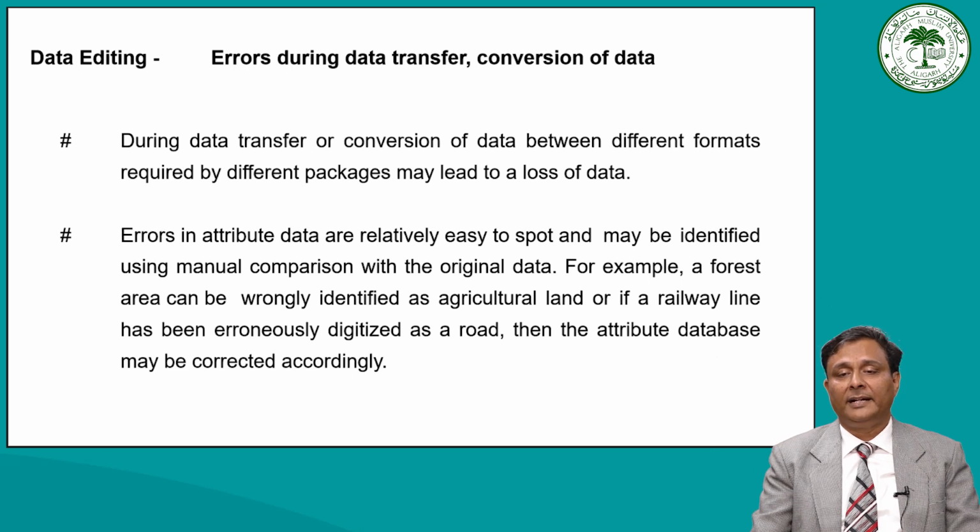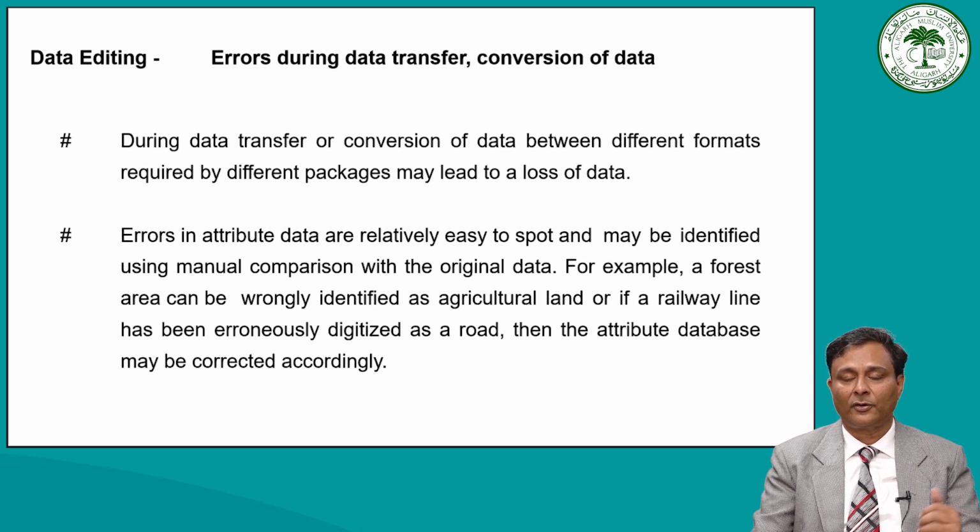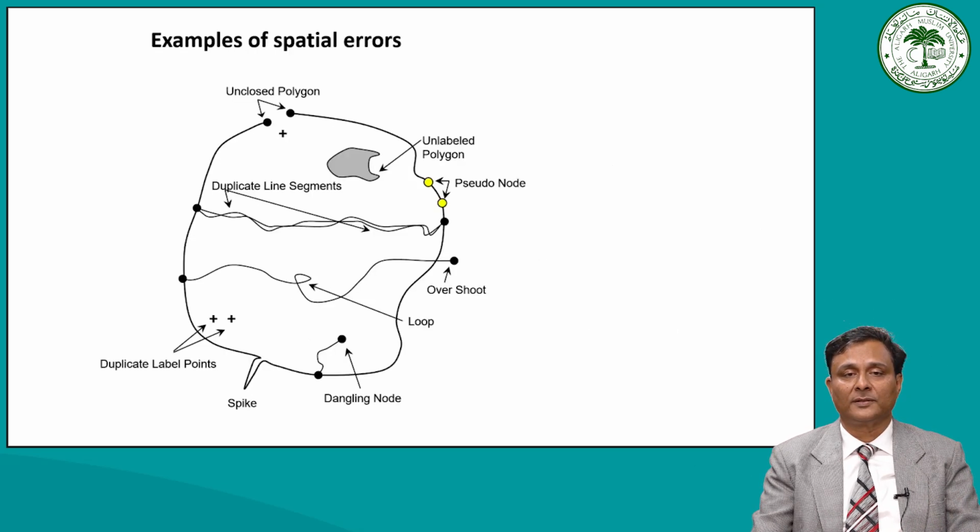Corrections can be made interactively by the operator on screen, or automatically by the software itself. There are many operations in many softwares which can automatically clear and rectify some of the errors which come into the spatial information while we are transferring, while we are drawing data from different sources.